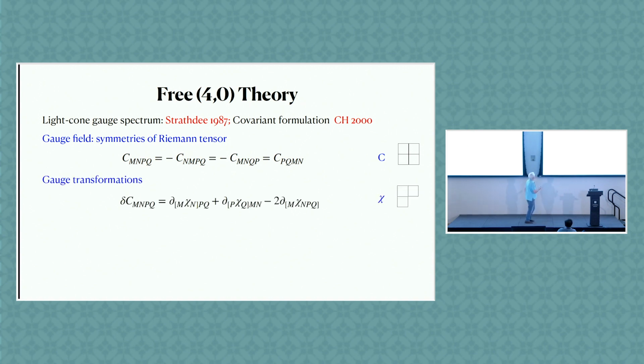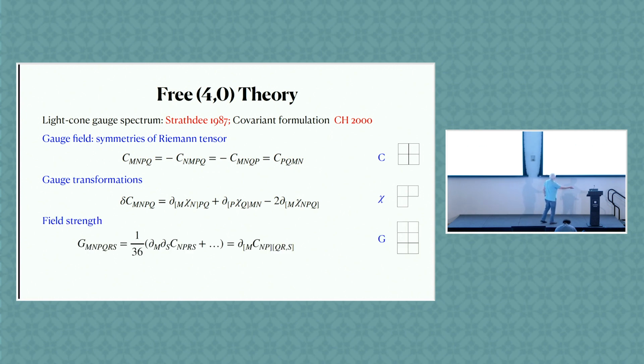It has gauge transformations which have a parameter with 3 indices. You take one derivative of this object and then project onto this Young tableau. The corresponding invariant field strength is one where you take two derivatives of this and then symmetrize to give this Young tableau.